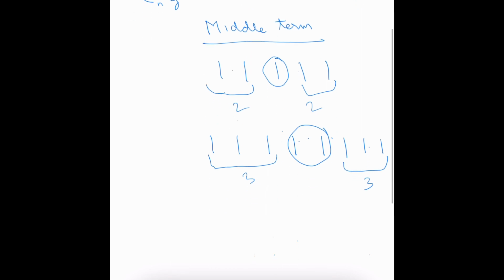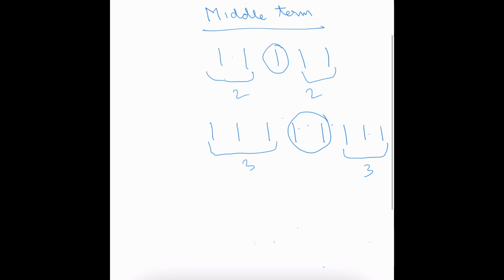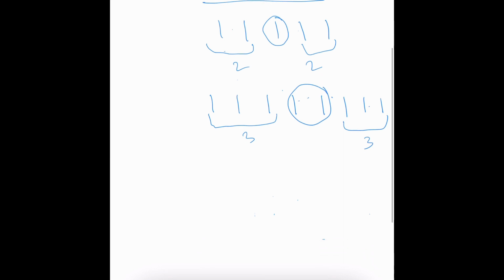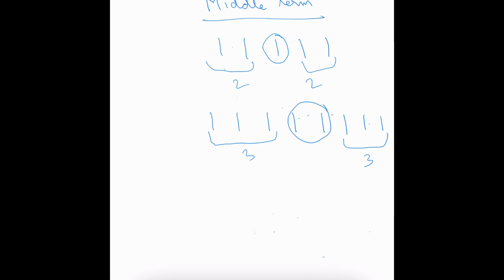So basically, you can say that the number of middle sticks depends on whether the number is odd or even. On the basis of this, we can derive a formula to calculate the middle term or the middle stick.